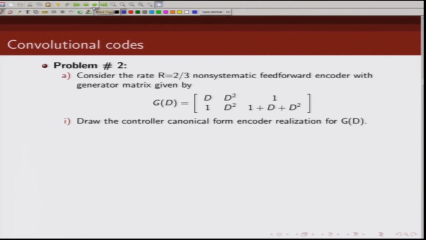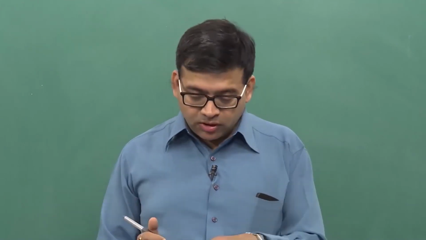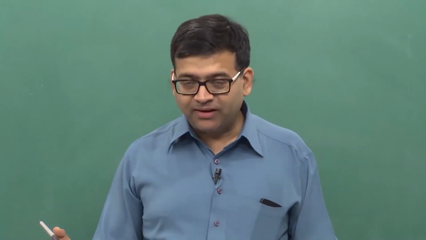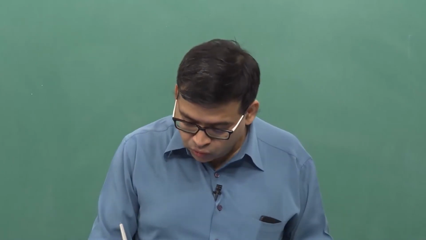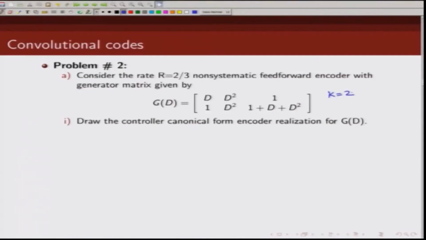Now, in controller canonical form realization, we have one set of shift registers for each input. Now, how many inputs do we have here? K is 2. So, we will have 2 sets of shift registers, one for this and a second set of shift registers for this.